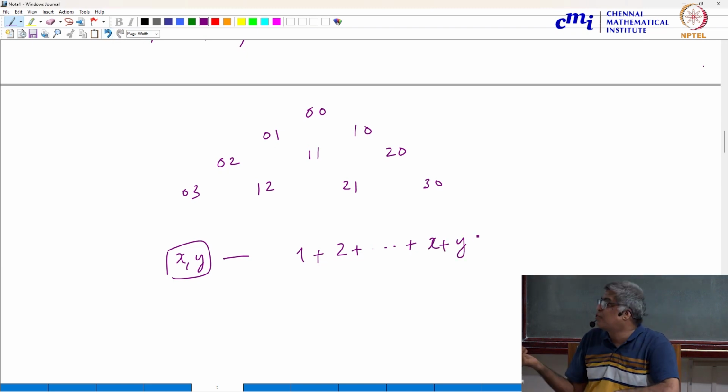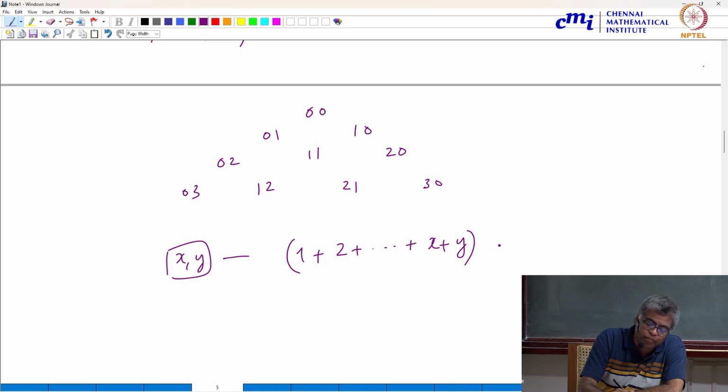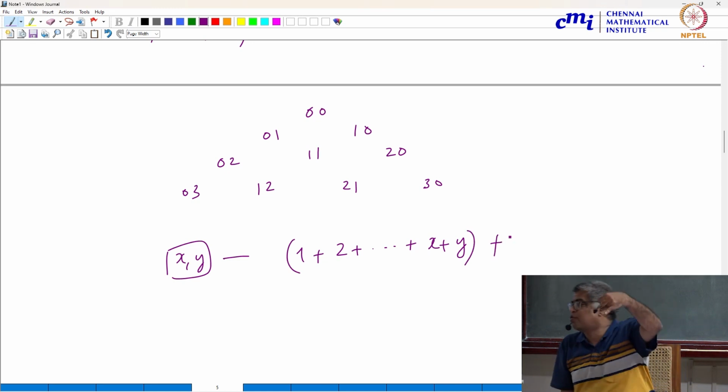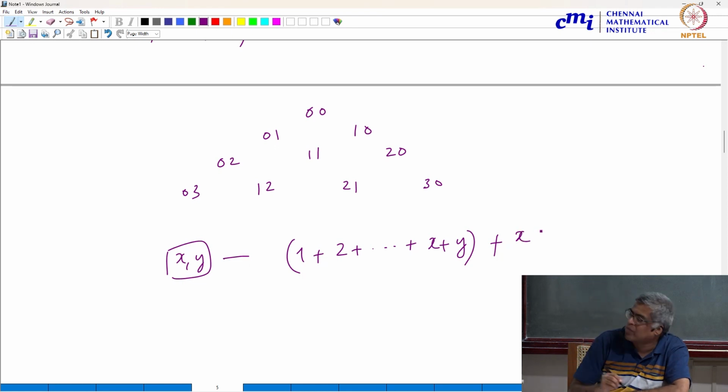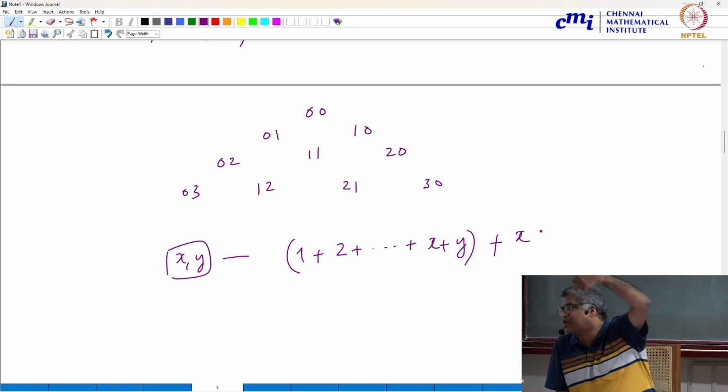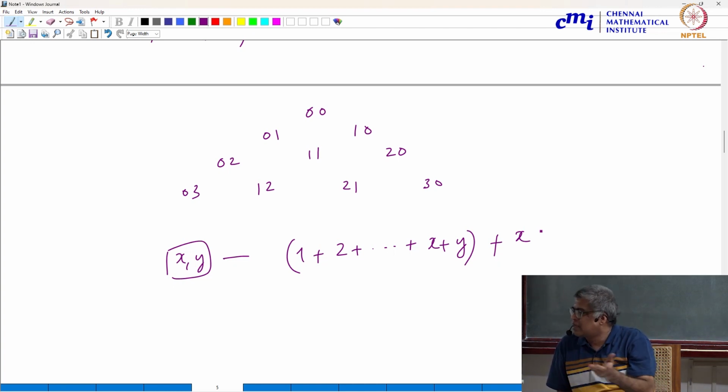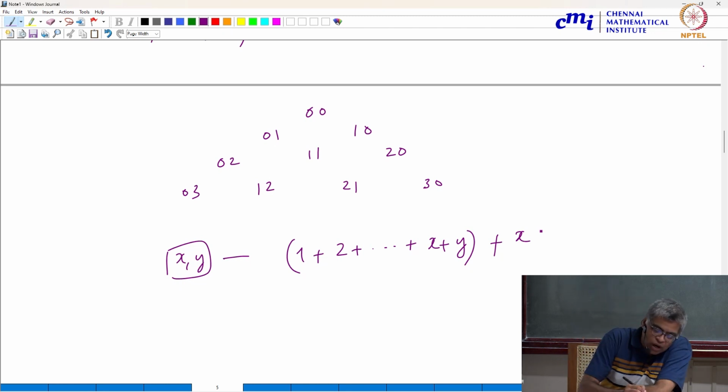And after that you have to do 0 till x minus 1, which is x many elements. These are all the number of elements before you list x, y, and that is the order of this.